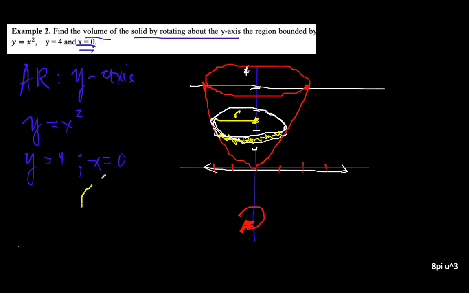So, if we're going to draw, ayan. Tapos may width siya dito. Bahala na kayo mag-analyze kung ano yan. Basta ito yung width niya. Okay, the width is delta of, ano ba? Delta of y, delta of x. Guys.